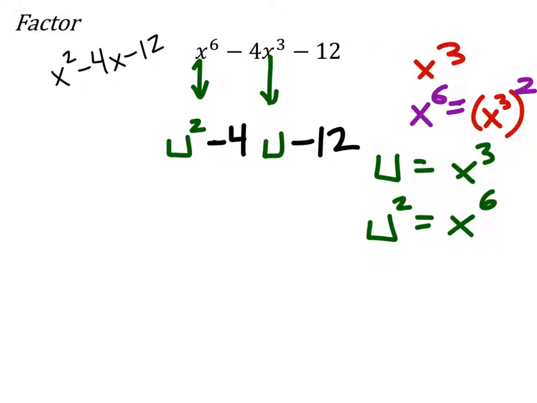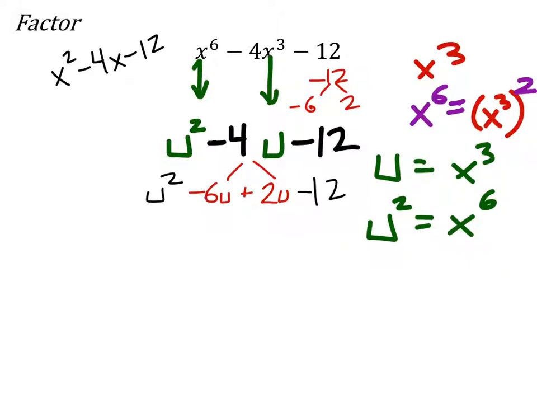So from this, I'm going to use the rule just so we can factor by grouping. What the heck? So I got negative 12, and I need two factors of negative 12 that will add to negative 4. I'm looking at negative 6 and 2 on that. So I'm breaking up negative 4u's into negative 6u's and positive 2u's.